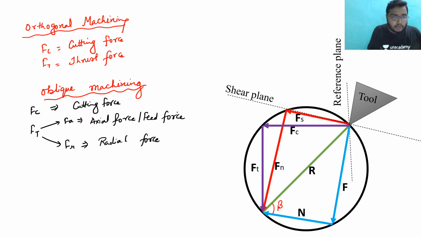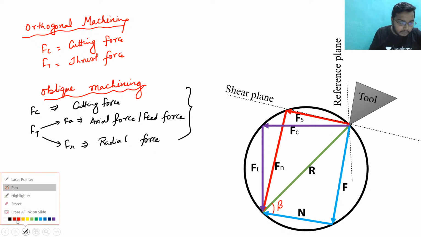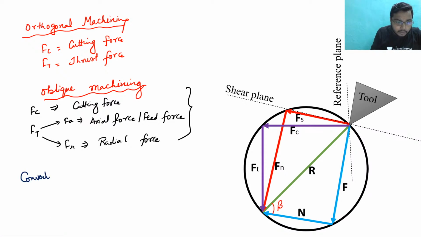I have also given you the conversion formula to convert the ORS system to ASA and vice versa. So these things are clear to you.